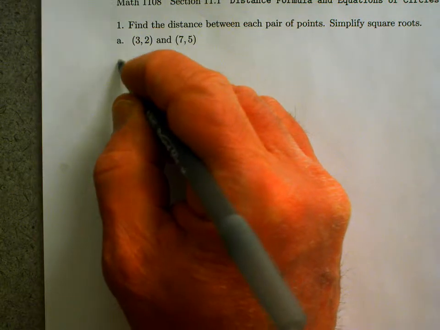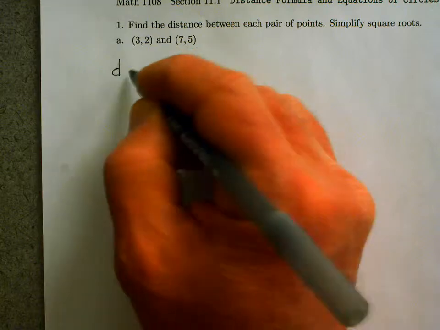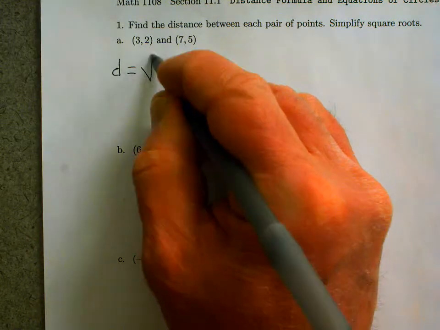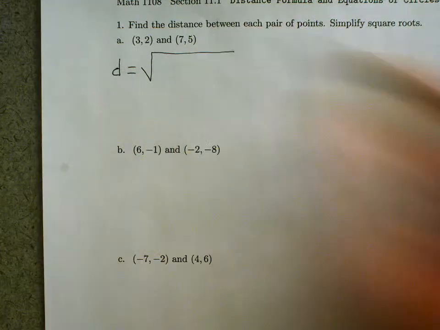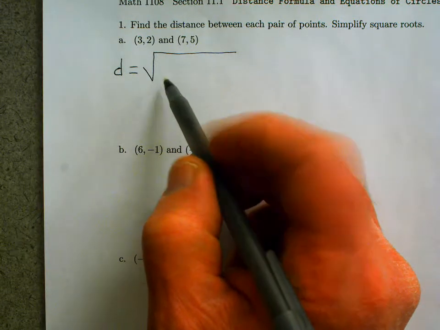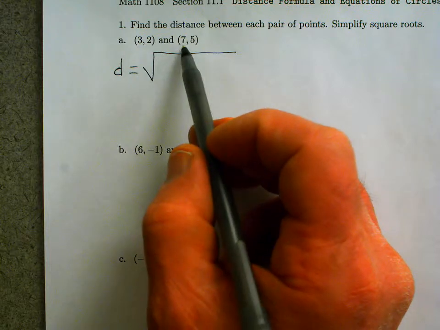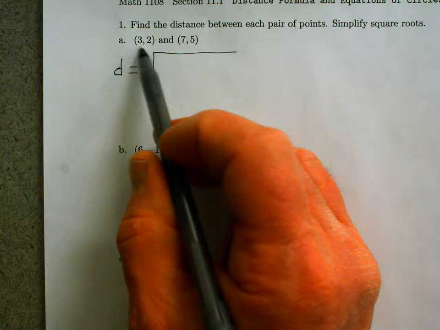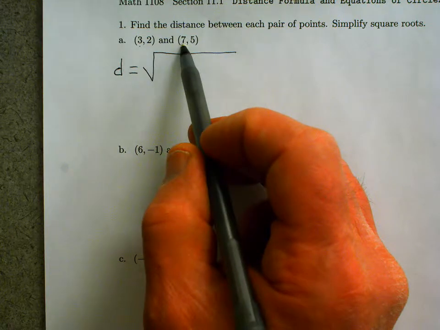So we'll just apply the distance formula. The distance is the square root of, and then on the inside of the square root, let's focus on the x coordinates first. The x coordinates are 3 and 7.